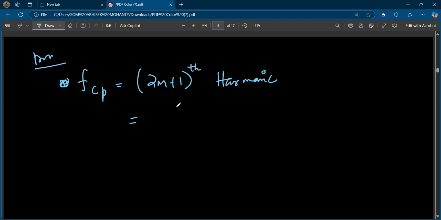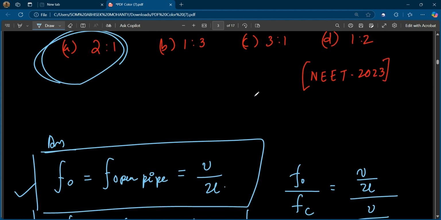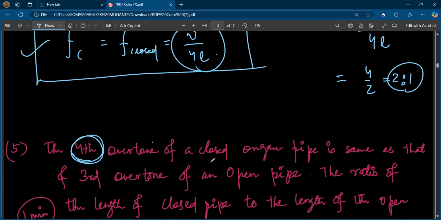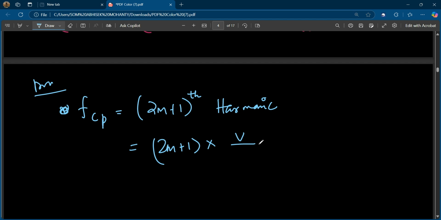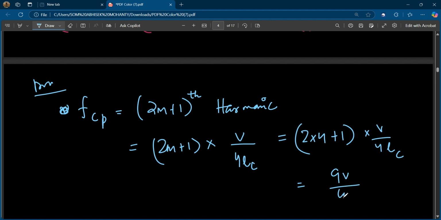The formula will be 2m plus 1 into v by 4L, since the frequency for a closed pipe is v by 4L. So 2m plus 1, 2 into 4 plus 1, into V by 4L closed. This is 9, so 9v by 4L closed.